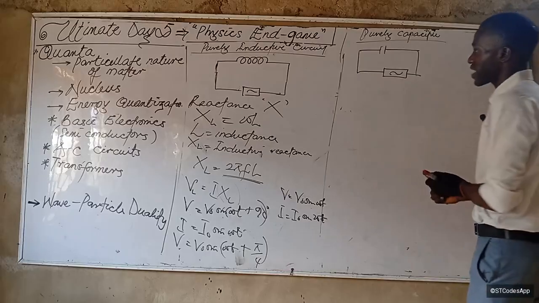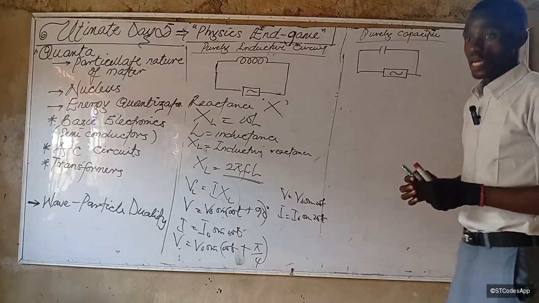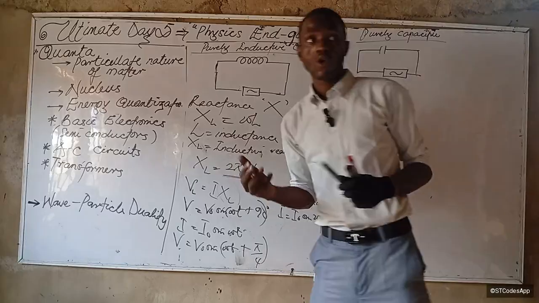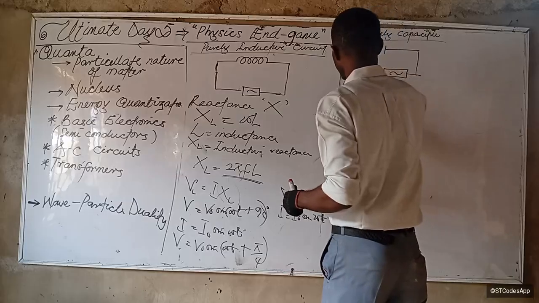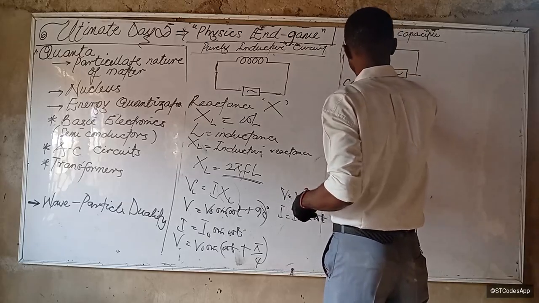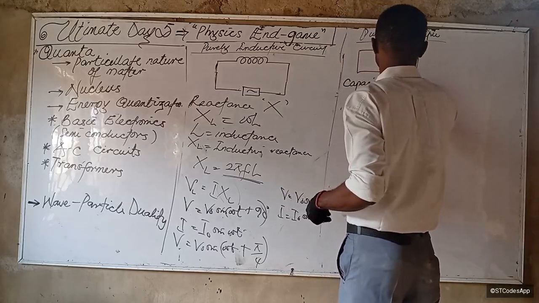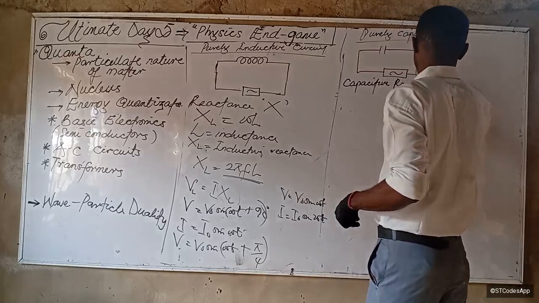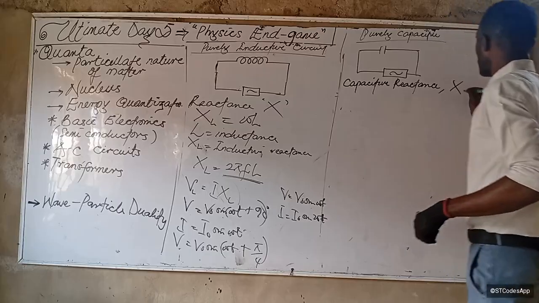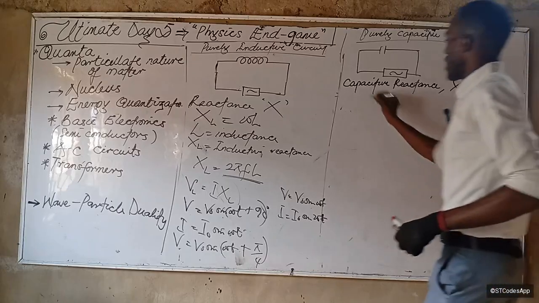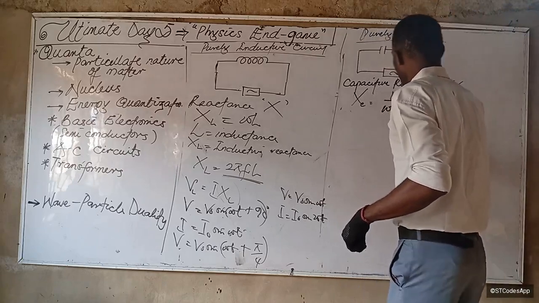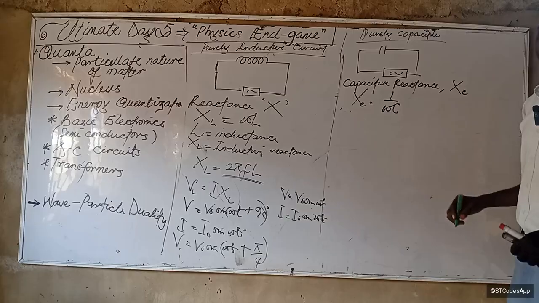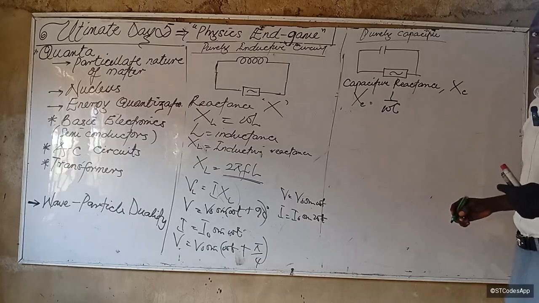Okay, so in a purely capacitive circuit, that capacitor will also offer opposition to the flow of current, known as capacitive reactance. I will call it X sub C. So X sub C is given by the formula 1 over omega C. Does this make sense?